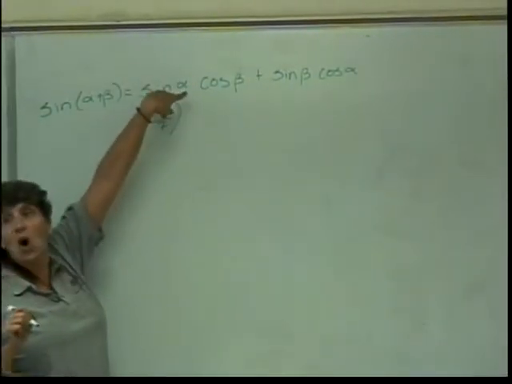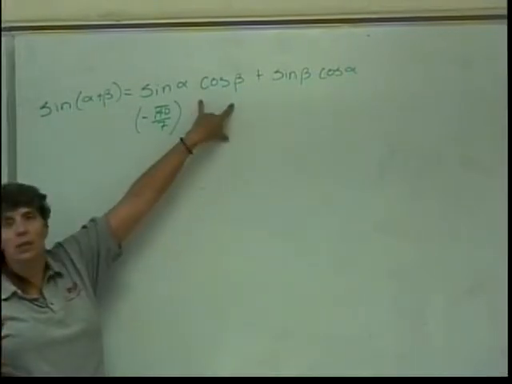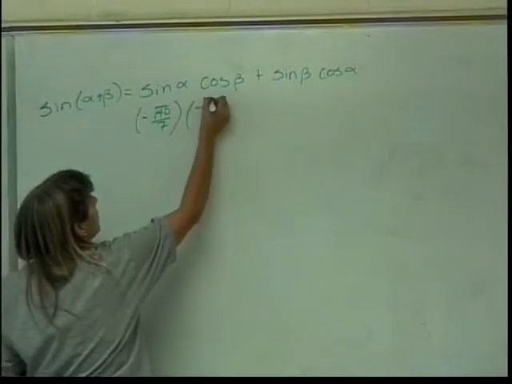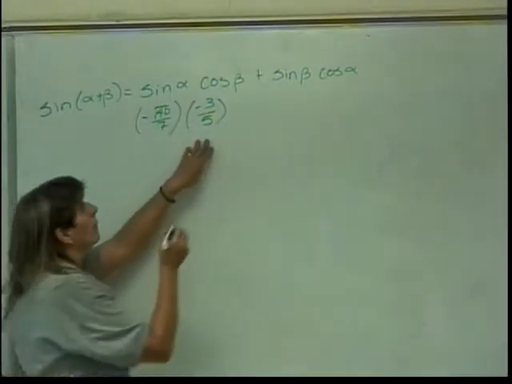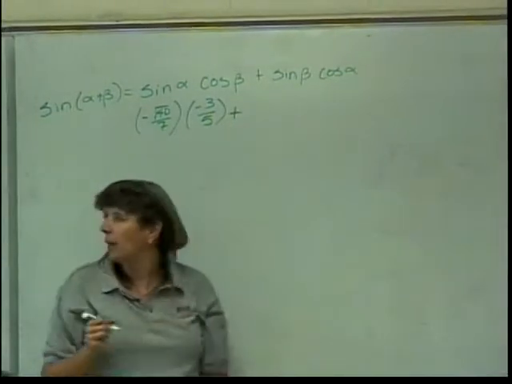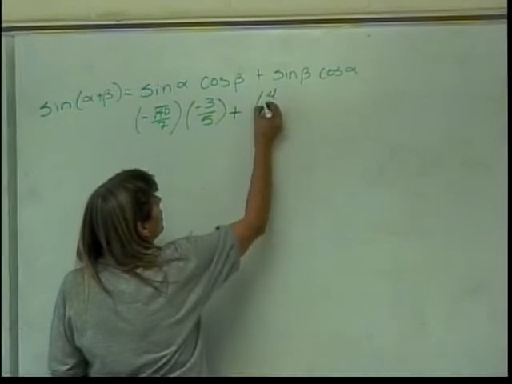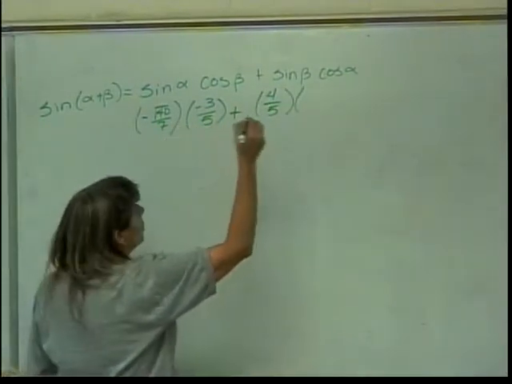I replaced all of the sine of alpha with that number. What's the cosine of beta? Negative 3/5. Again, replacing all of the cosine of beta with that number. Plus, sine of beta was 4/5, and the cosine of alpha was 3/7.